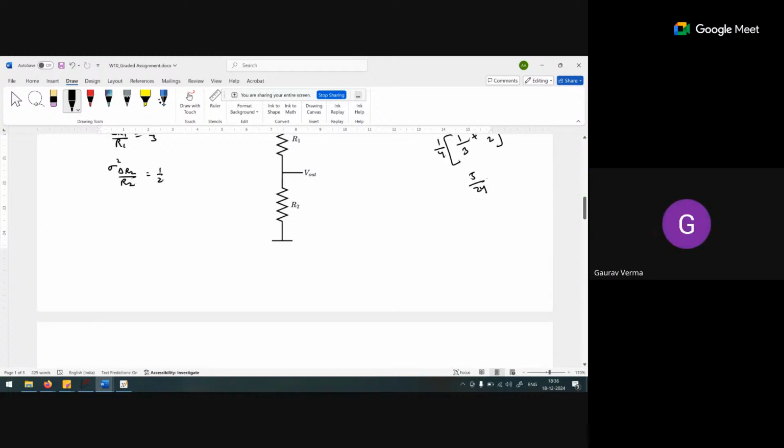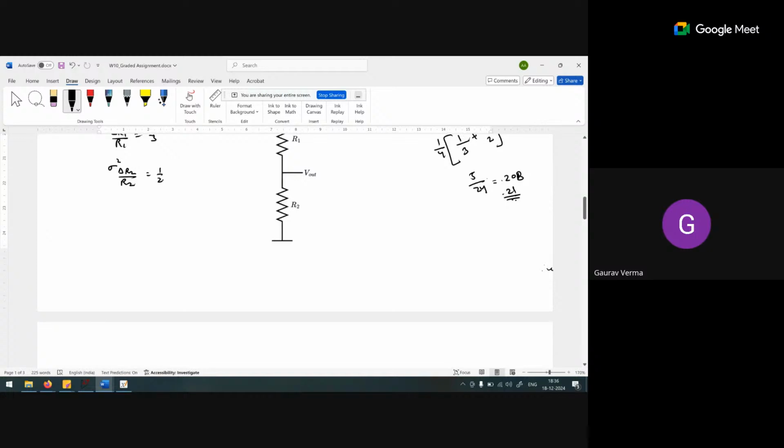The answer is what we have just calculated, 5 by 24%. So that comes out to be around 0.2, 0.20833.